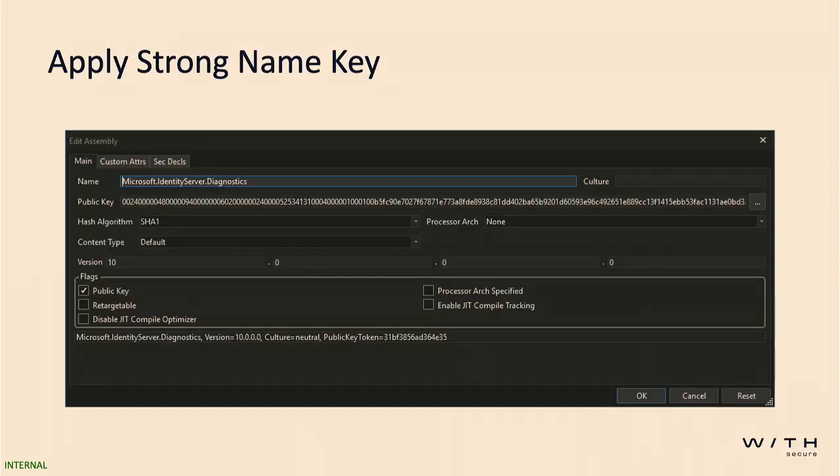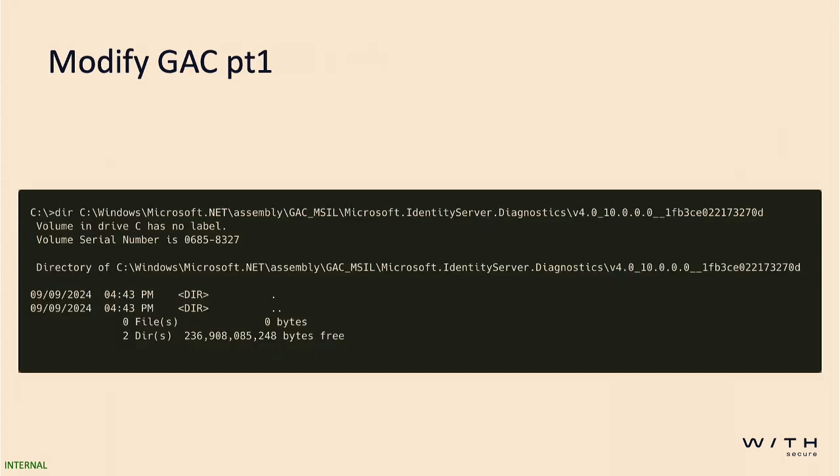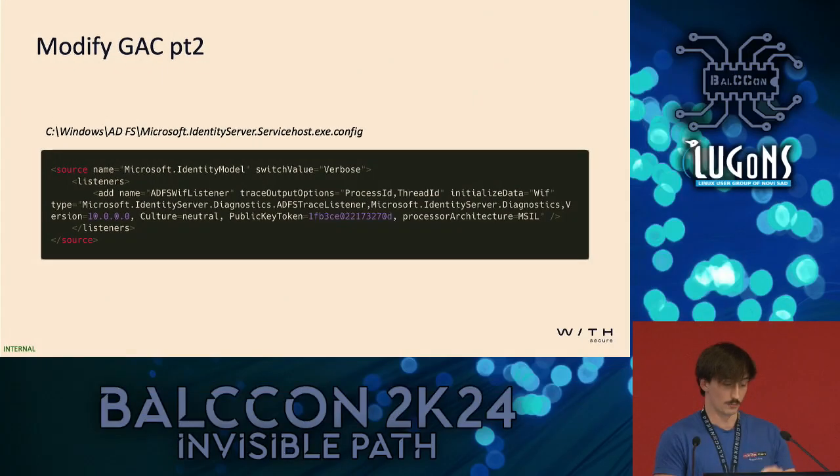This public key token can be used to apply that strong name key to a component, and then you can modify the global assembly cache and load that specific component. Super easy, just modify the XML, or you can use the GAC util that comes with the x64 development tools.